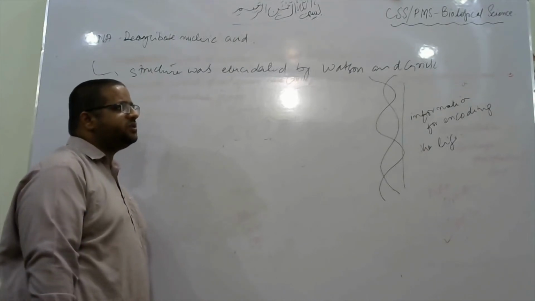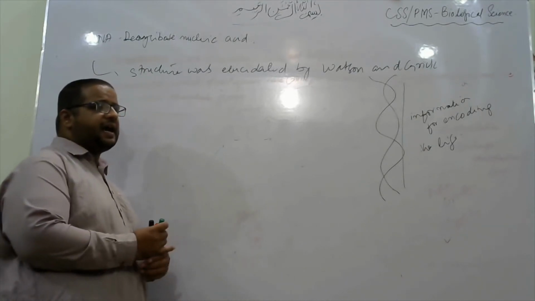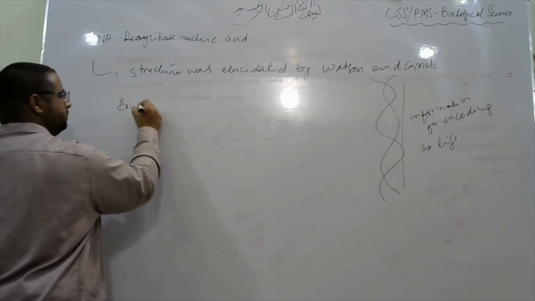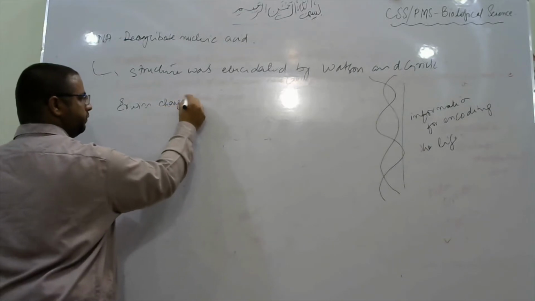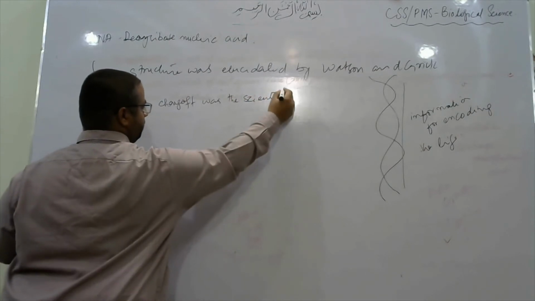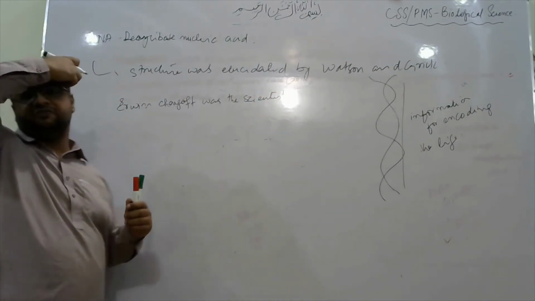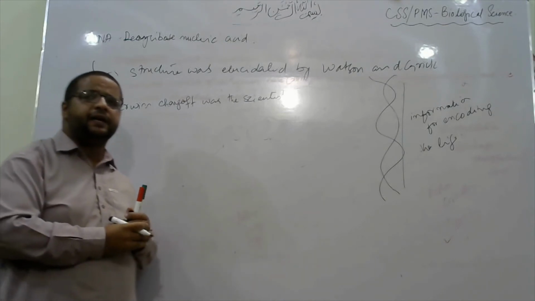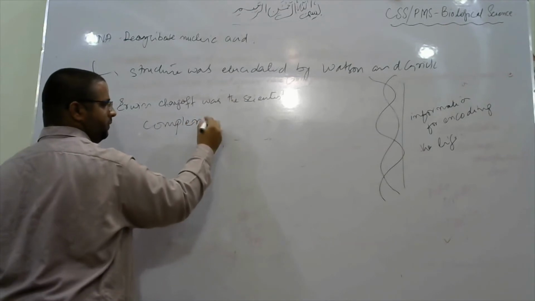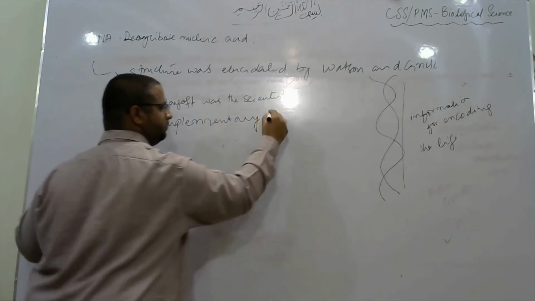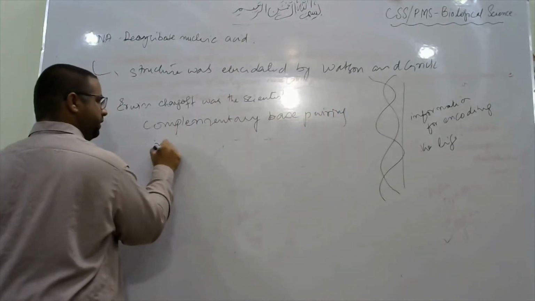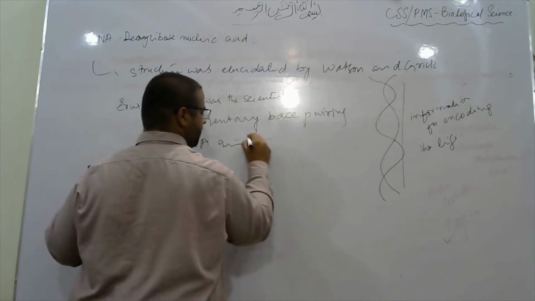Watson and Crick were the scientists who depicted the structure of DNA, and Erwin Chargaff was the scientist who established the idea of complementary base pairing in DNA and RNA.